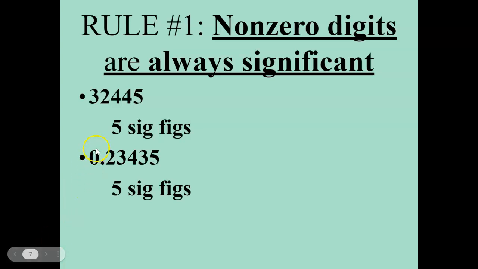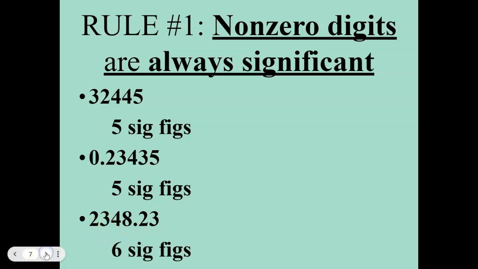Okay, we don't count the 0 because zeros are not always significant. Okay, and I'm going to give you the rules for zeros here in just a minute. And finally, we have 2,348.23. Again, all of these are non-zeros. So there's 1, 2, 3, 4, 5, 6 Sig Figs there. Okay, there are 6 Sig Figs in that number.